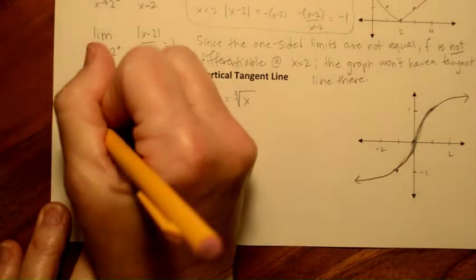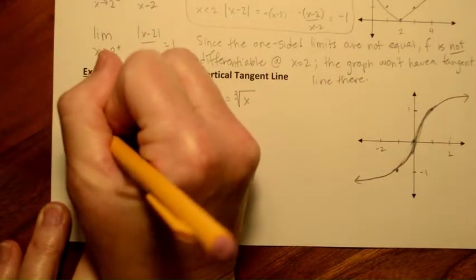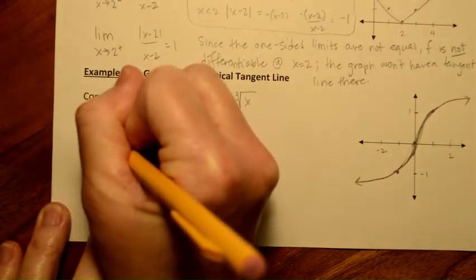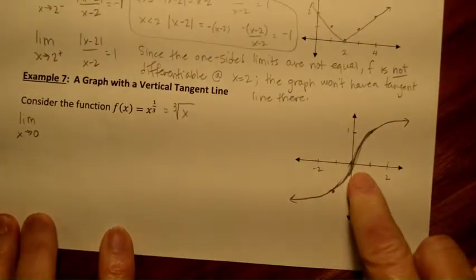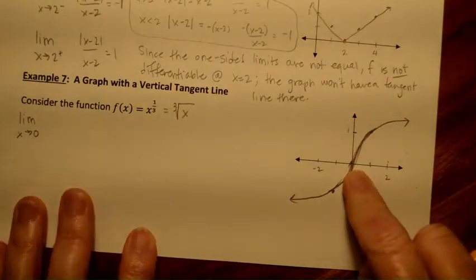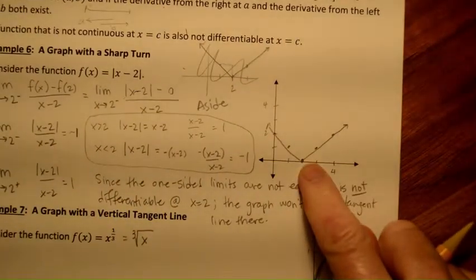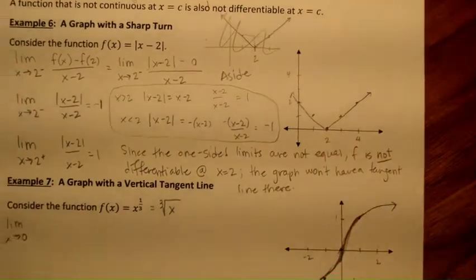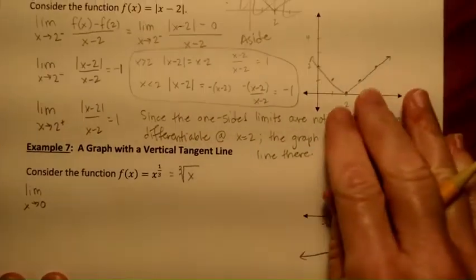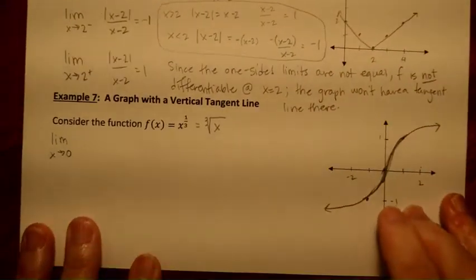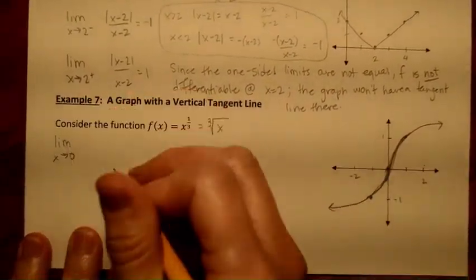So again, I'm going to start with the limit as x approaches 0, because here the problem point appears to be 0. For the previous one we did 2 because the problem point is at that sharp turn. With practice you'll get better at this, but for right now I'm just going to pick those values and we'll discuss them.